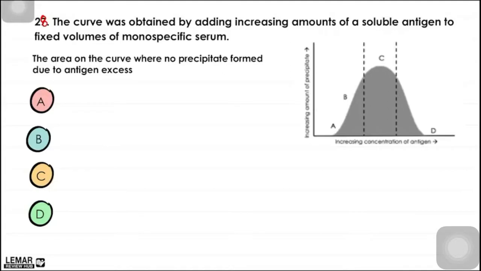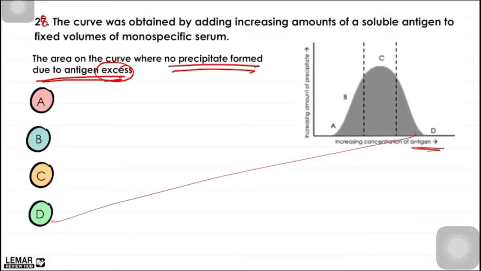The area on the curve where no precipitate formed due to antigen excess could be at which point? Letter D. No precipitate forms because of antigen excess, and this is observed when there is a post-zone effect.